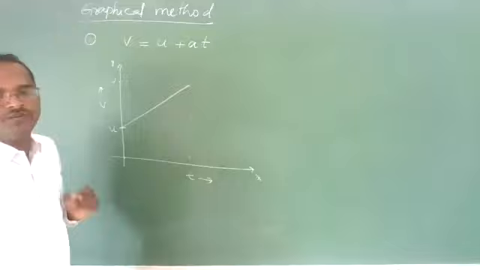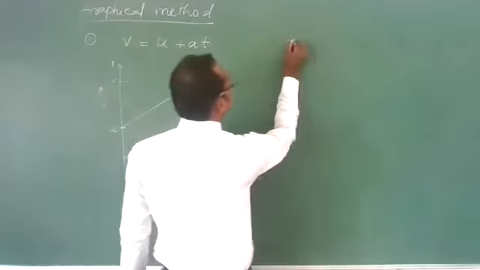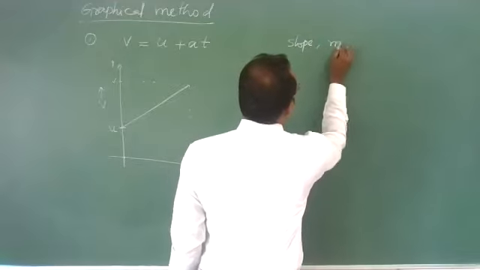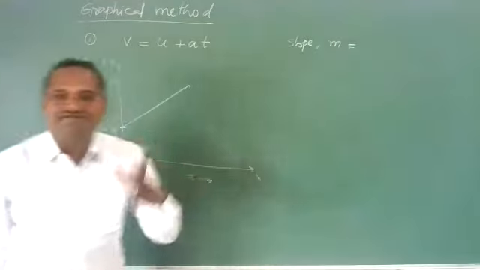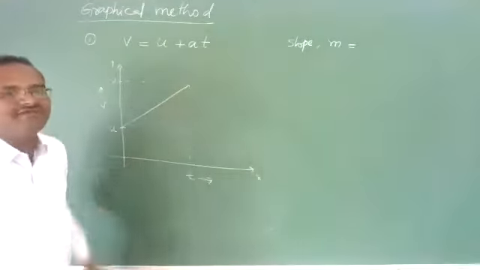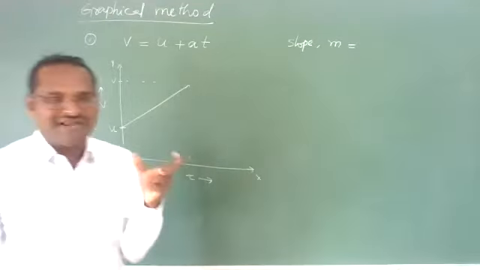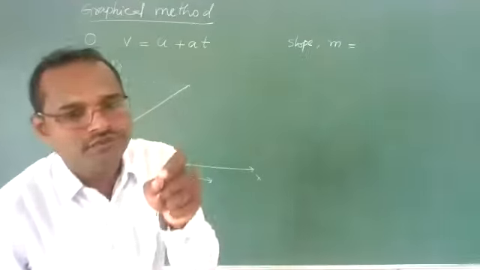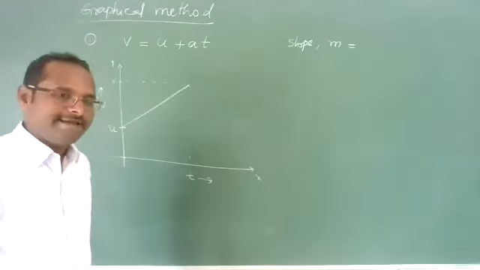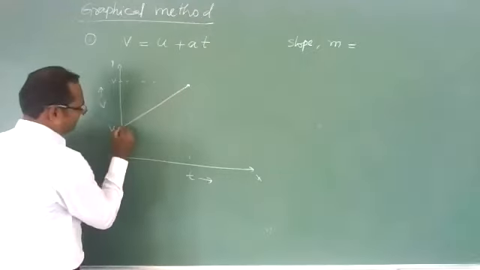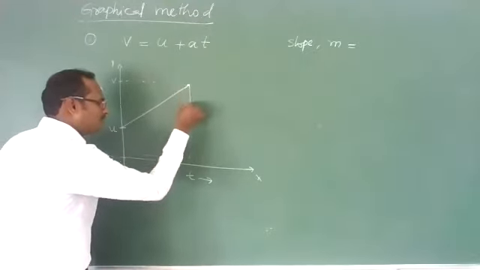To get it, I take the slope of this graph. You know that the slope of a velocity-time graph gives us acceleration. So for this total path from here to here, I am taking the slope.